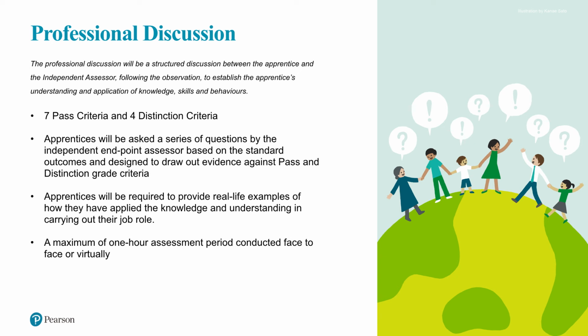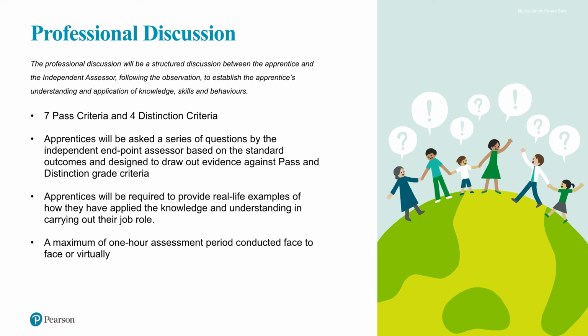However, whilst the employer group called this a professional discussion, it is more like a structured discussion. And when I say a structured discussion, the apprentices will be asked a series of questions by the independent endpoint assessor that are based on the criteria, the pass and distinction criteria within the apprenticeship standard.